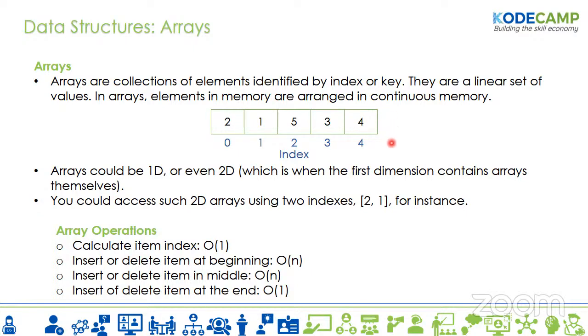And if you try to access something at the 5th position, since there is nothing there, it's going to return undefined, because there is nothing in that memory location belonging to this array. So basically, that's how arrays work.